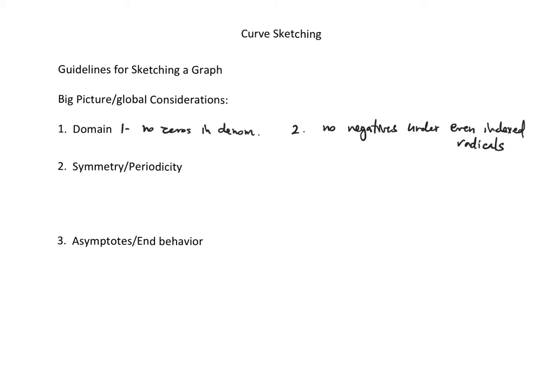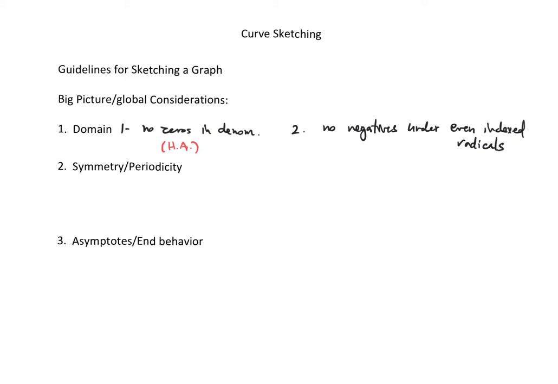Okay, so when you have a zero in the denominator, a lot of times this will give you a vertical asymptote. So I'll give you a vertical asymptote very often. And when you have negatives under the even index radicals, you could just not graph those x values because you're not allowed to have negatives under even indexed radicals.